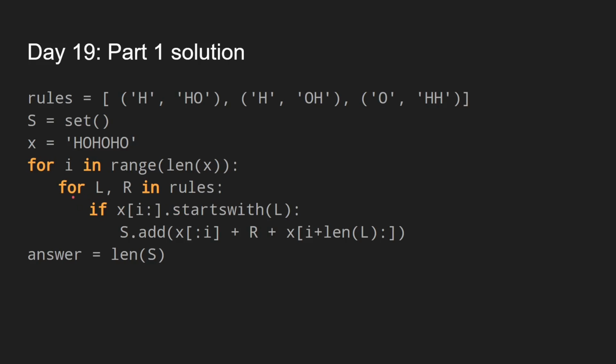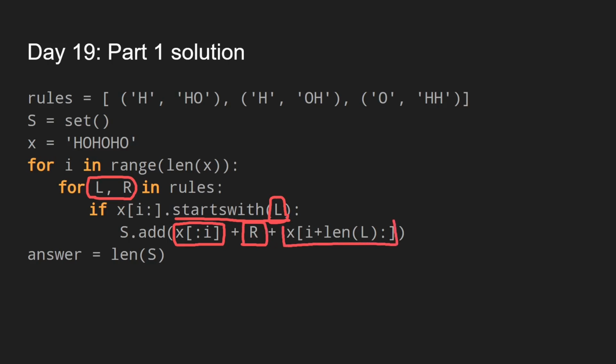And we do that by first looping over every character position in the input string, then looping over the rules, and here in the loop I split them up into the left side and the right side. So we need to check if the string starting at the current position in the input string starts with the left side of our rule, then we can build a result string by taking the text up to this current position and appending the replacement text, the right side of the rule.